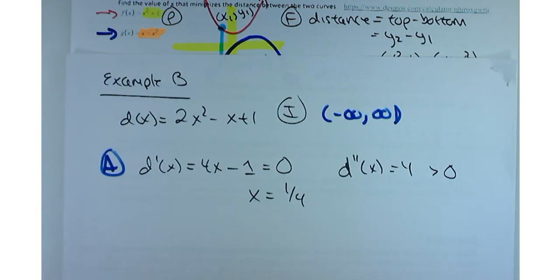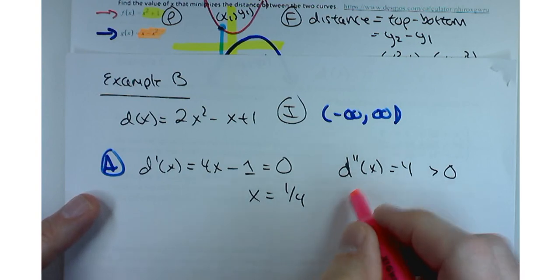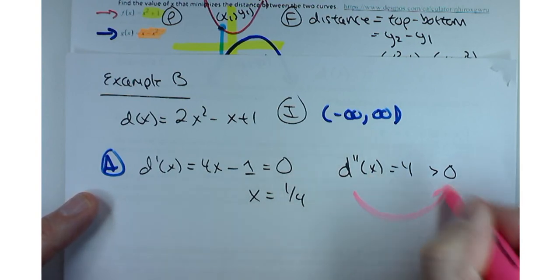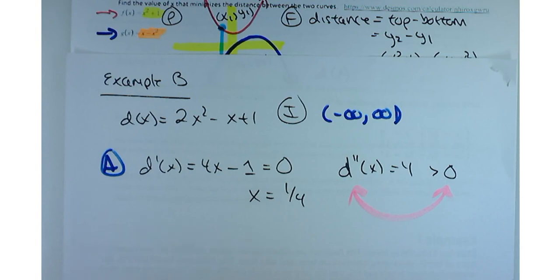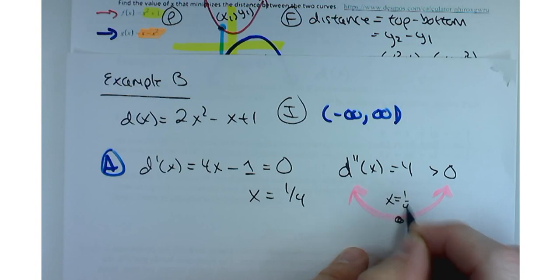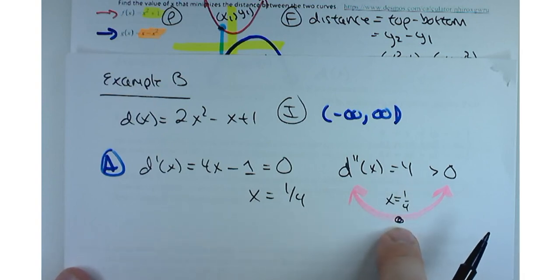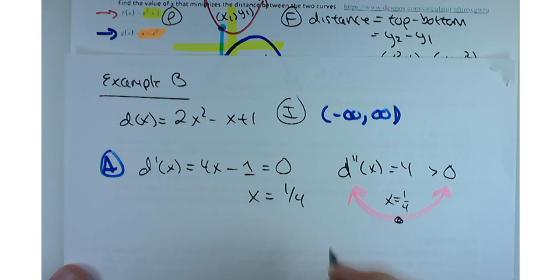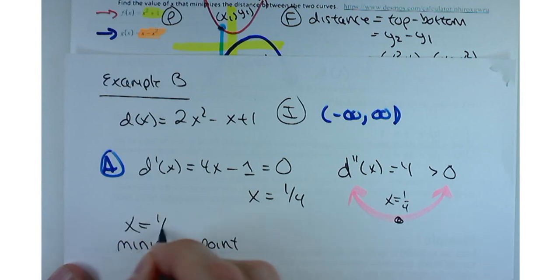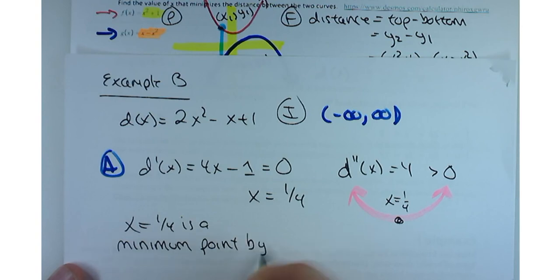So what kind of shape am I going to have for this graph? Yeah, it's going to be concave up, meaning my critical point here at x equals 1/4 has to be a minimum point by the second derivative test.